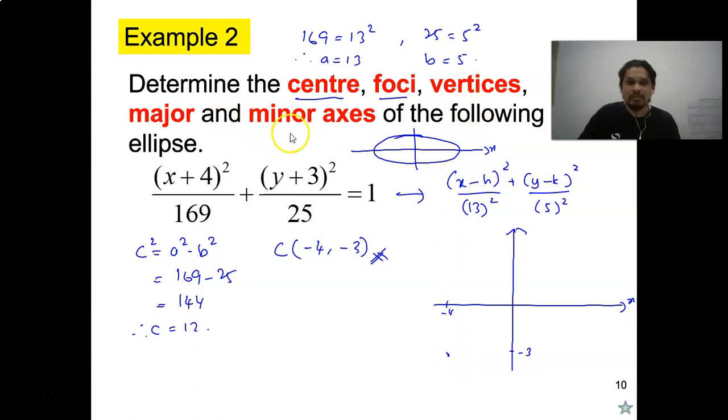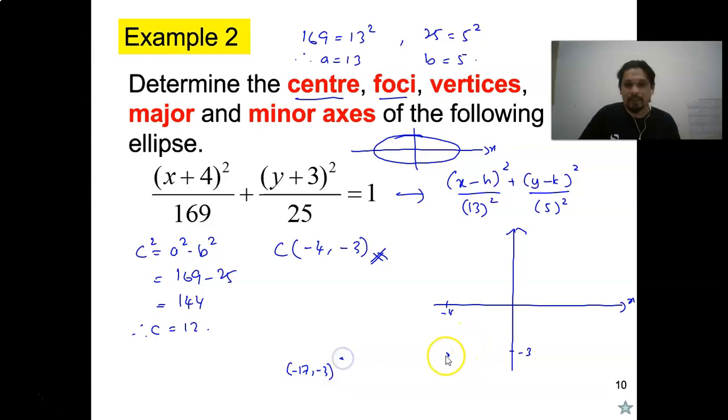Vertices of the major axis, where a equals 13. A equals 13 means that from the center coordinate, we move 13 steps to the left and 13 steps to the right. Negative 4 minus 13, with y retained as negative 3, gives negative 17 and negative 3.